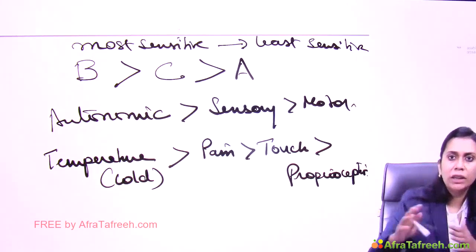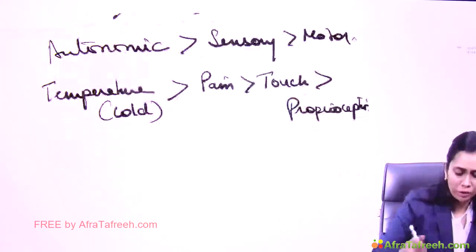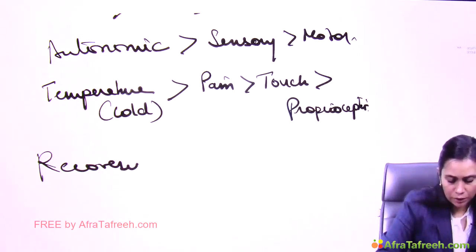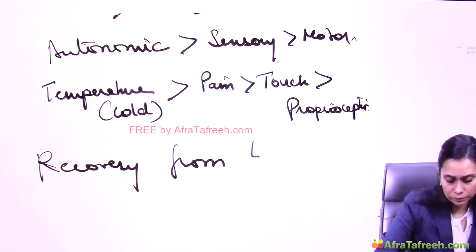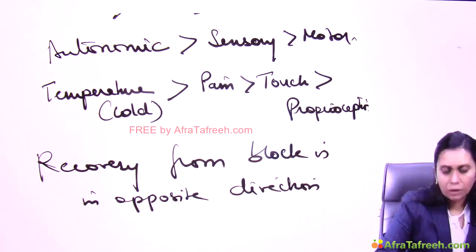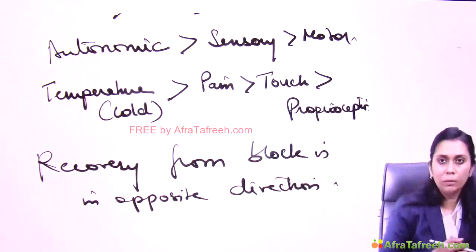Got it? So, recovery is in the opposite direction. You can write it: recovery from block is in the opposite direction. Got it, everyone? So this is the sequence of block and recovery.